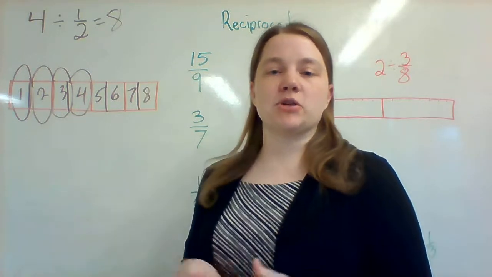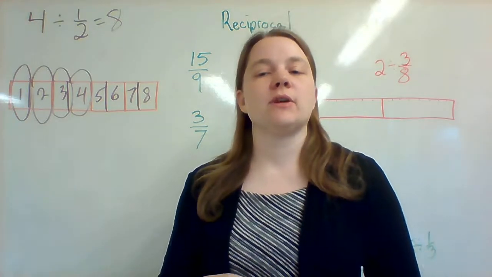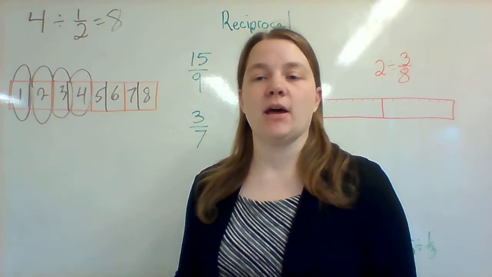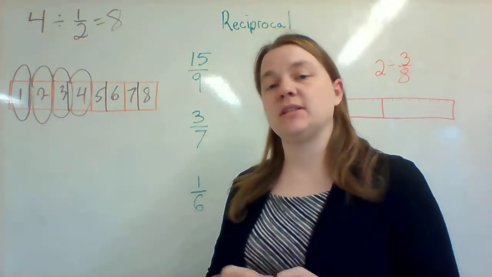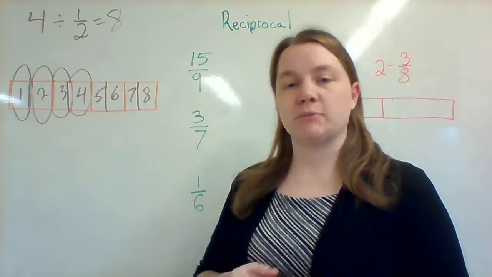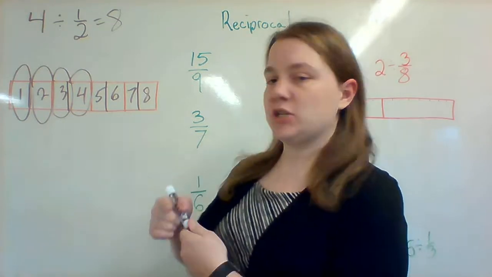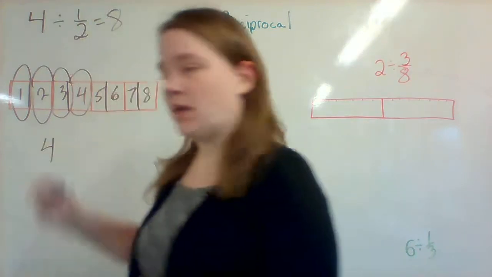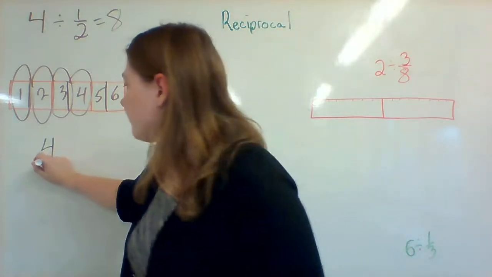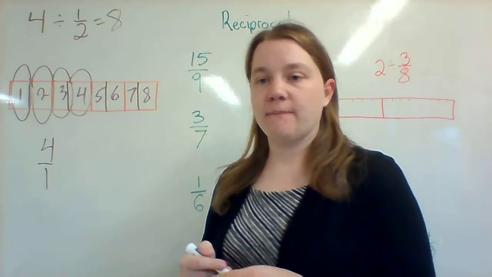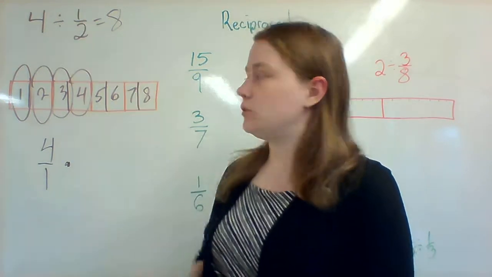Which is great when you're able to draw a picture, but eventually you're going to get into fractions that are a little bit more unwieldy, and you're going to have to know how to do this by doing the math. So here's what happened when we did this. What we actually did is turn this into a multiplication problem. We multiplied by the reciprocal. We took our 4 things, and because we're dealing with fractions, we turned that 4 into a fraction, 4 over 1, and we multiplied those 4 things by 2.